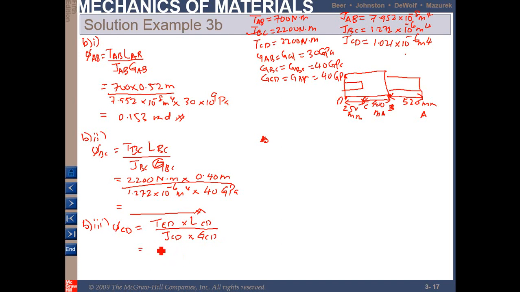So torque CD is equal to 2200 Newton meter times length 0.25 meter because it's 250 millimeter, divided by JCD, which is 1.021 times 10 to the power of minus 6 m4, times GCD, which is 40 GPa, and then you will get the answer, 0.013 radian.